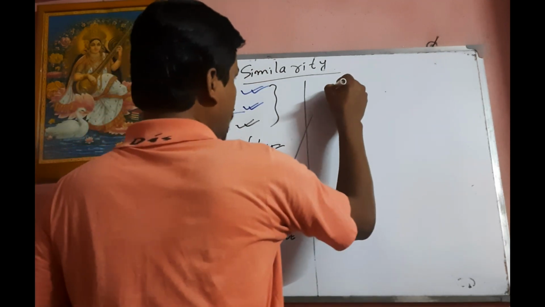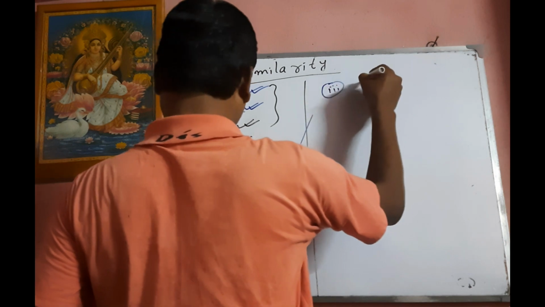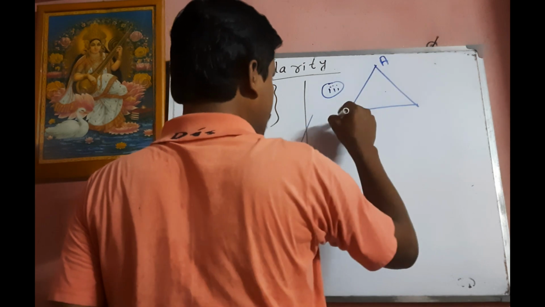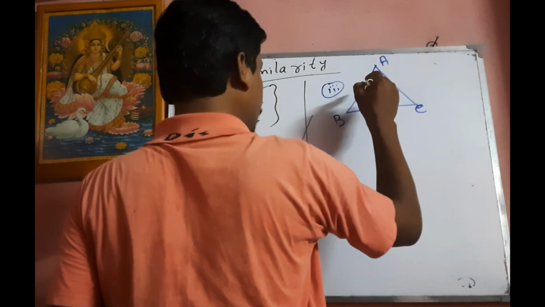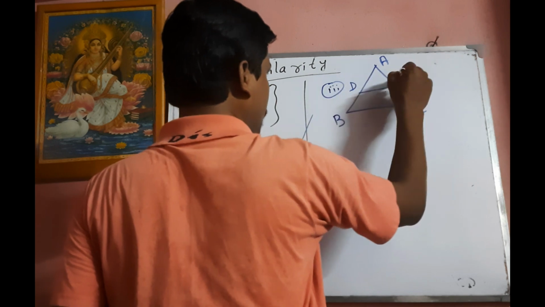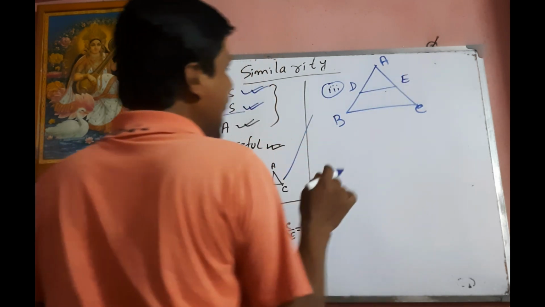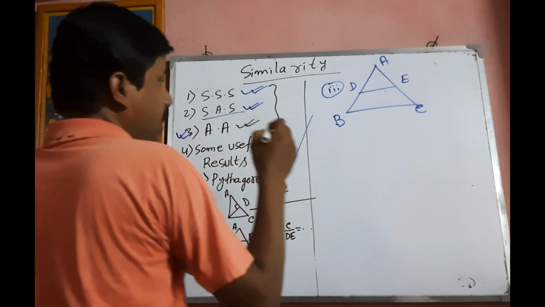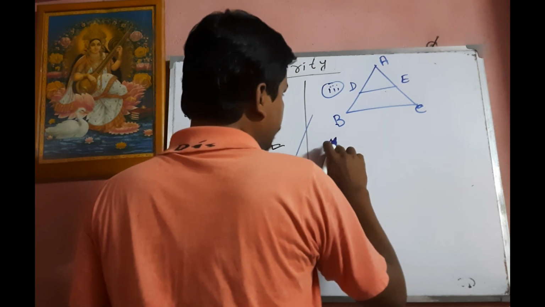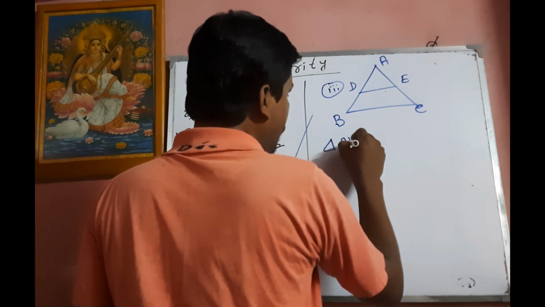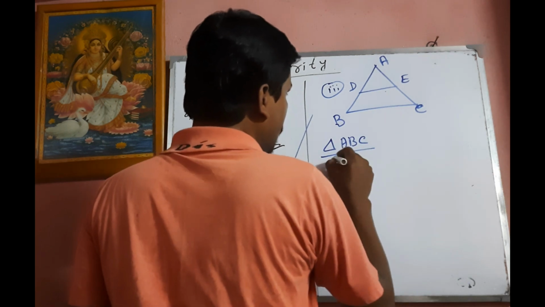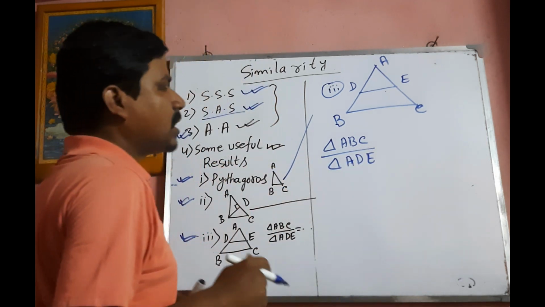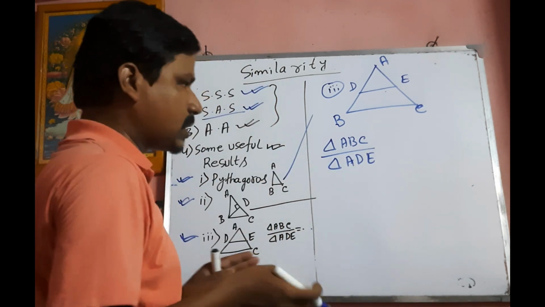So for these triangles ABC and DE, if the triangle is of that type, then by using the property of similarity we can say the areas of ABC and ADE, and we are clear that these two triangles are similar triangles.